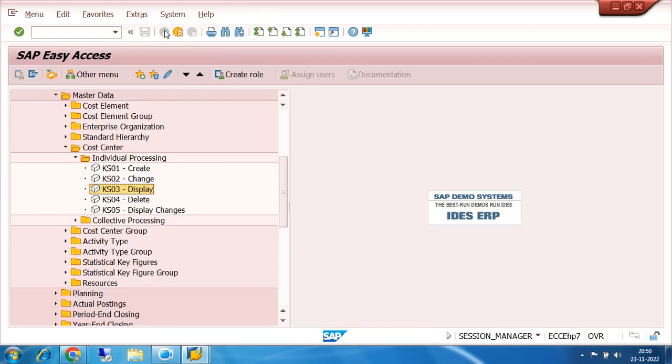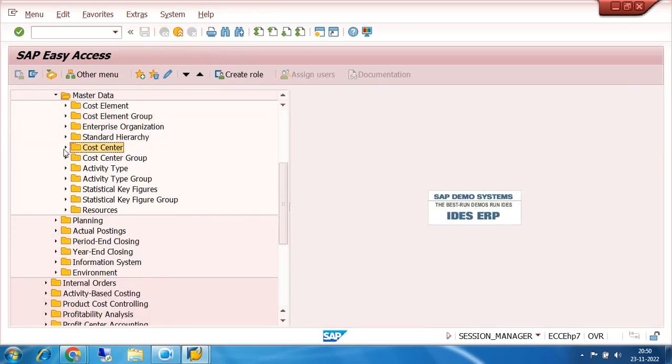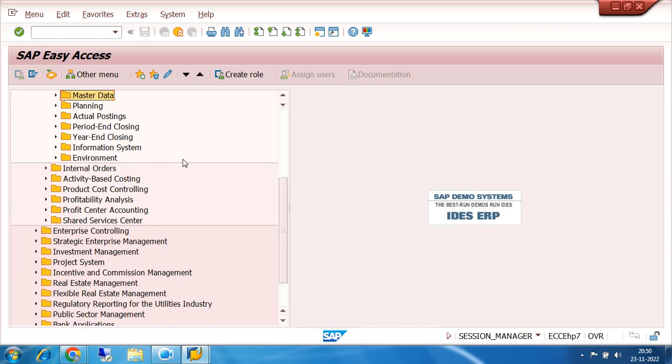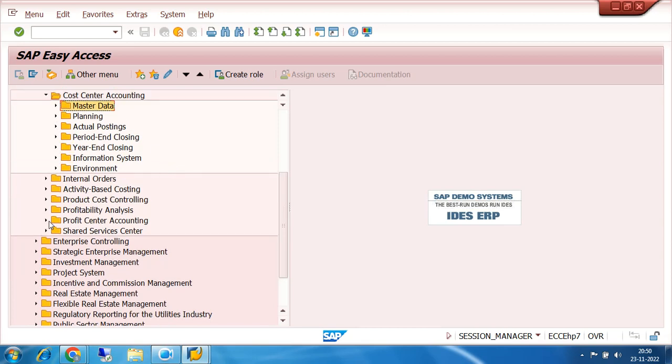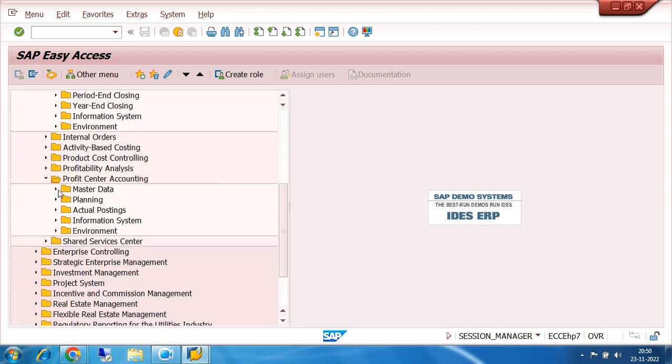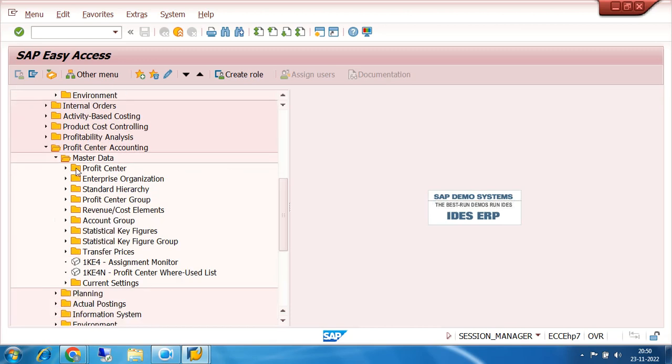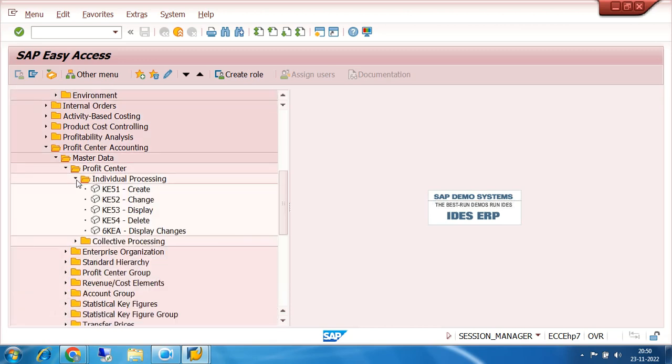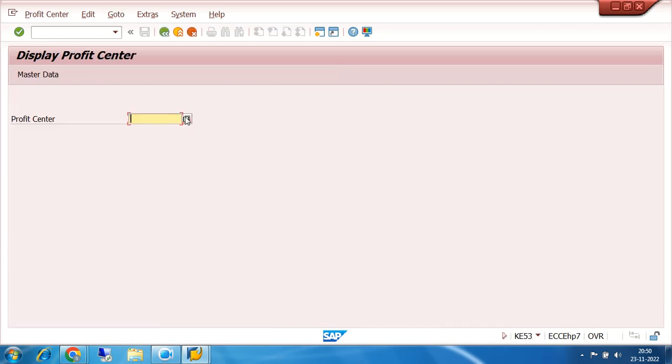Similarly, let us go and see the profit center master data. See, this is the cost center master data. Now we can go to the profit center master data. This is the profit center, individual processing, KE53, right?